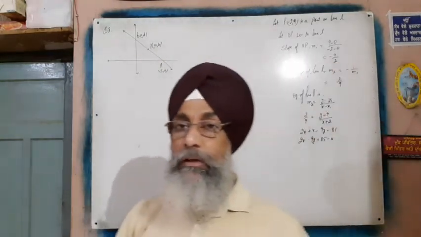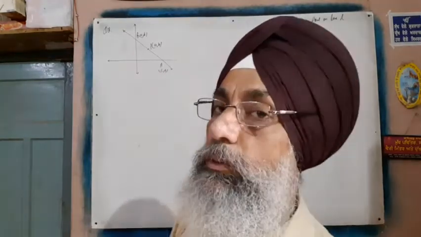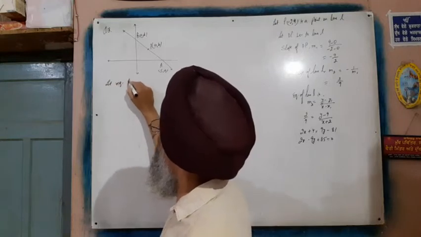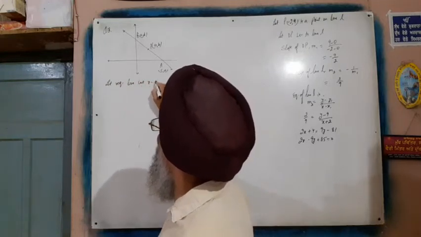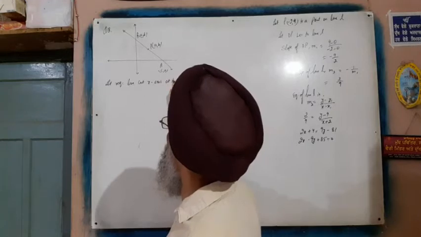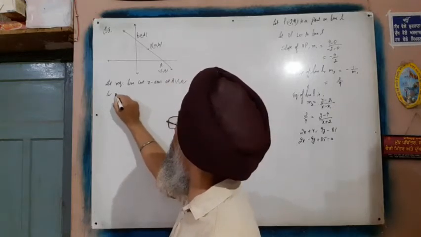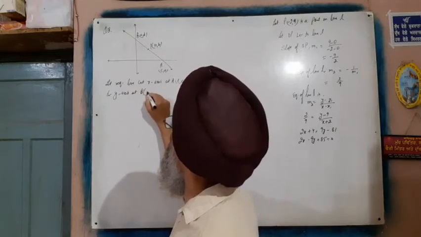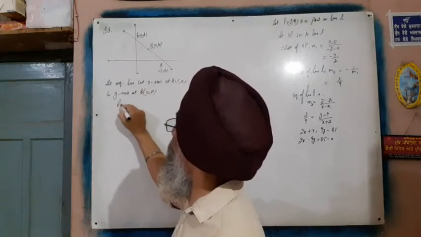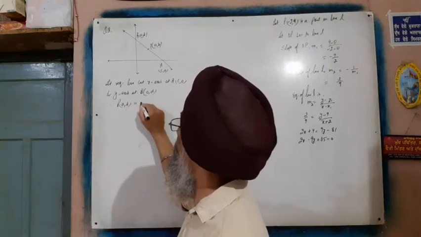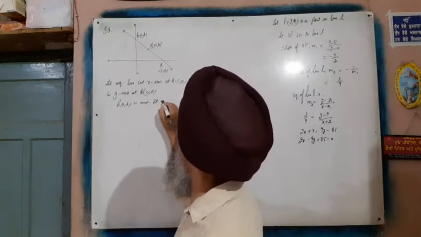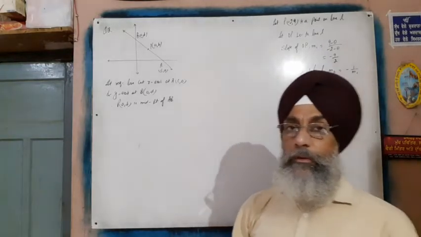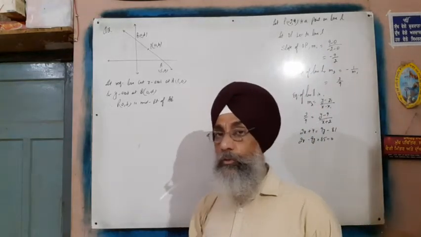We have to show that the equation of the line is x upon a plus y upon b is equal to 2. So here we write: let the required line cut the x-axis at A, say (c, 0), and the y-axis at B, (0, d). Since P (a, b) is the midpoint of AB, now applying the midpoint formula, the coordinates of the midpoint are (x1 plus x2) upon 2, (y1 plus y2) upon 2.